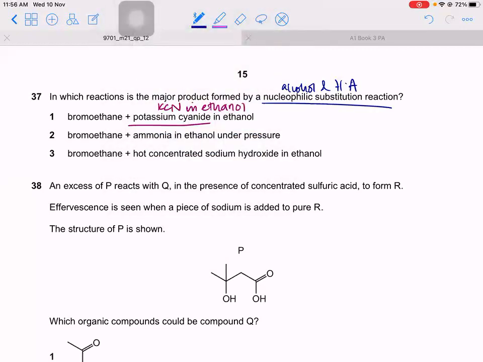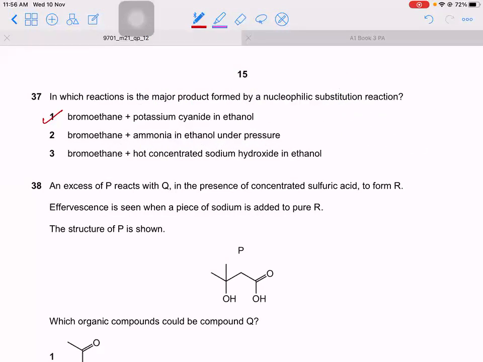Will this give you a major product? Let's see. You have bromoethane with KCN or NaCN in ethanol. What will you get? This will become CN. This is the only product, so can I say this is the major product? There are no major or minor products happening here.